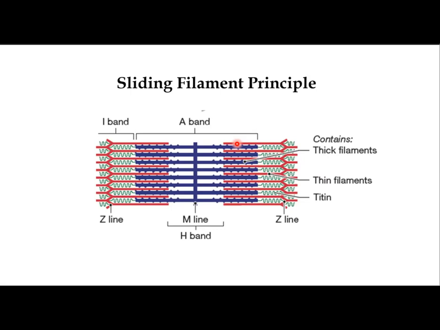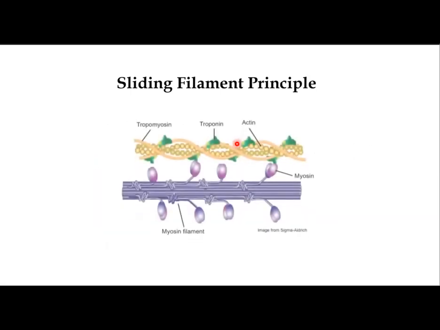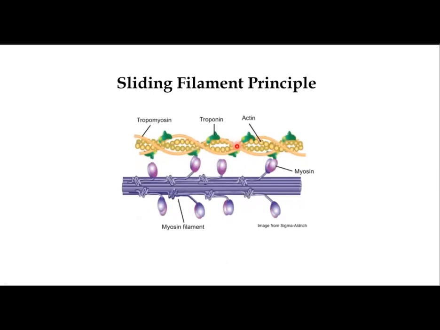Okay, right? So they will cross bridge, and then they will glide over each other. Okay, and how does it work? This is now not in your book. I'm just giving you more understanding. This is your thick one. This is the myosin. This is the one you saw with the little spikes.